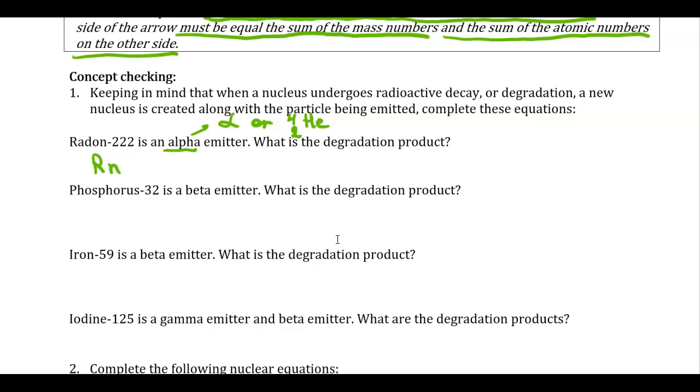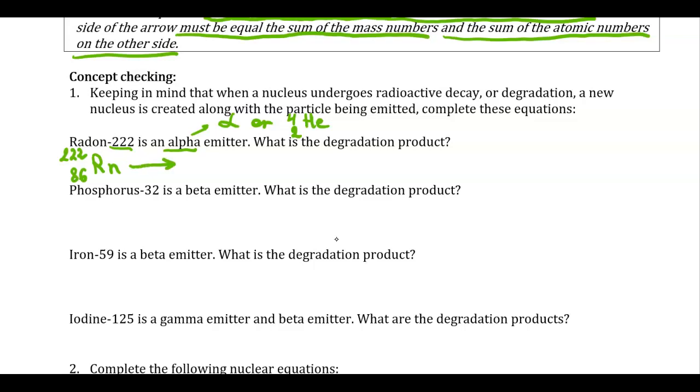Okay, but the periodic table will help us. We will find this symbol there. The mass number is given, 222, and I will get the atomic number, 86, from the periodic table. So I found this symbol, and I got this atomic number.